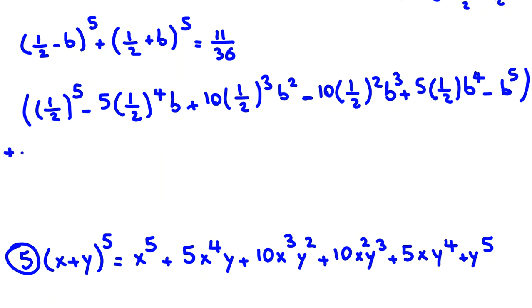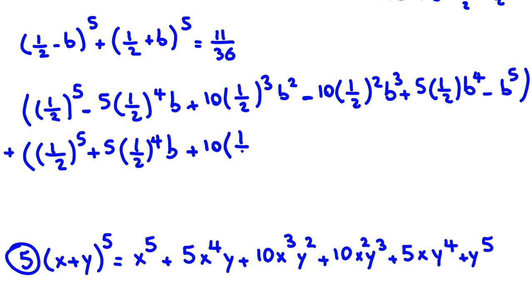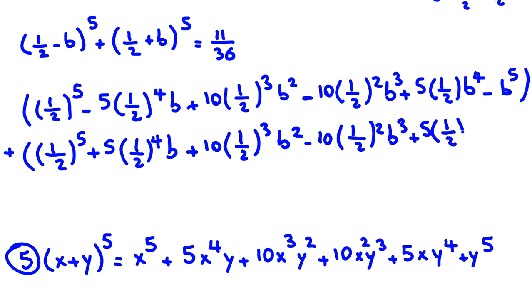Now, if I write the next term, it will be 1/2 to the power of 5 plus 5 times 1/2 to the 4 b. Here, x is 1/2, y is b. Plus 10 times 1/2 cubed, b squared, minus 10 times 1/2 squared, b cubed, plus 5 times 1/2 b to the 4, plus b to the 5, all of them plus, because here we have plus.